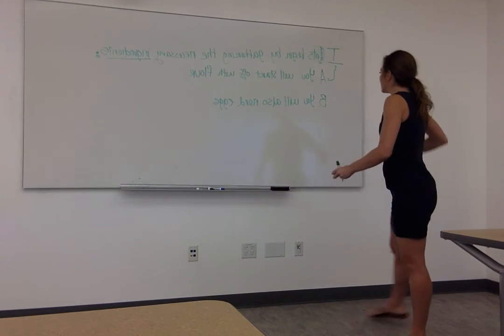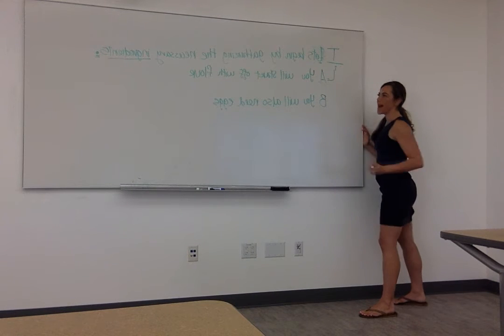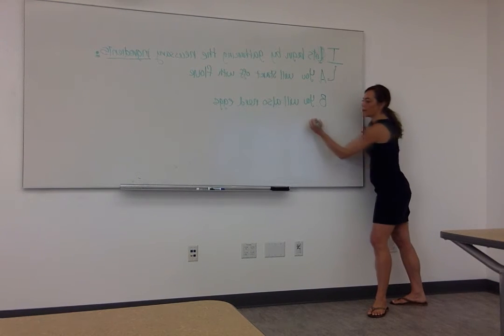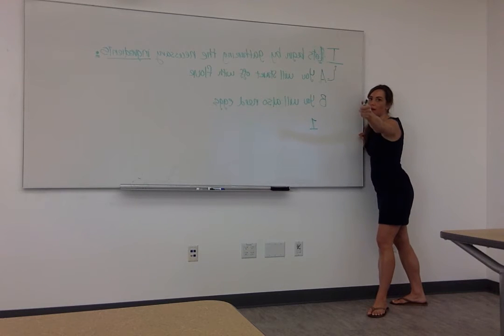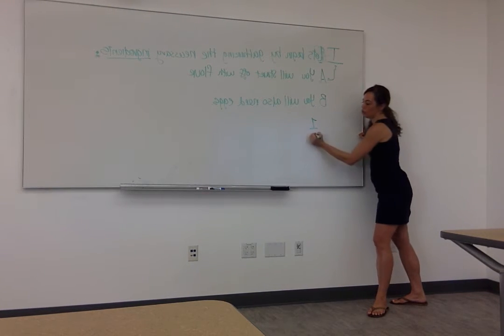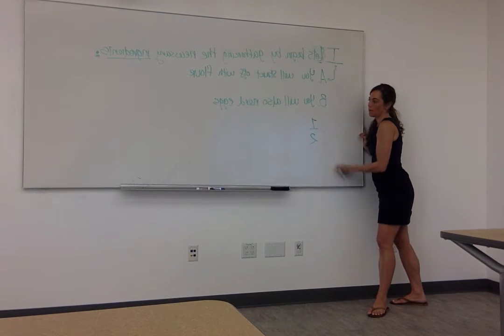Great. So if I want to talk about my next ingredient, it's sugar. So I'm going to put a 1 here. No. What's my next symbol going to be for my next ingredient?